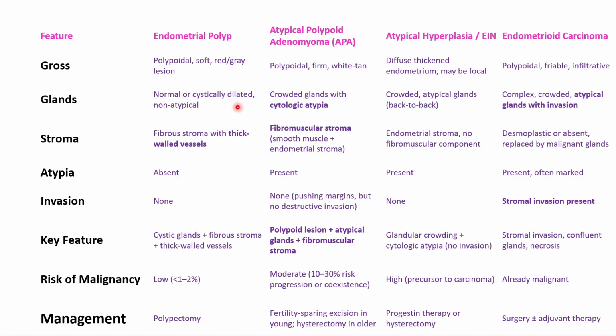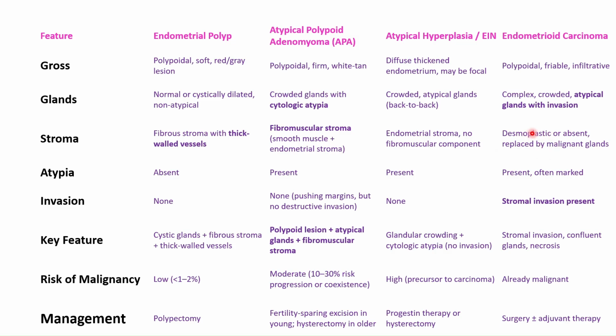Glands are normal or cystically dilated in polyp. Here it shows cytological atypia. Here crowded, back-to-back arrangement, and these are glands with atypia and invasion. Stroma is mainly fibrostroma with thick walled vessels. Here fibrostroma with muscular tissue, and here endometrial stroma is present, with no fibromuscular component.